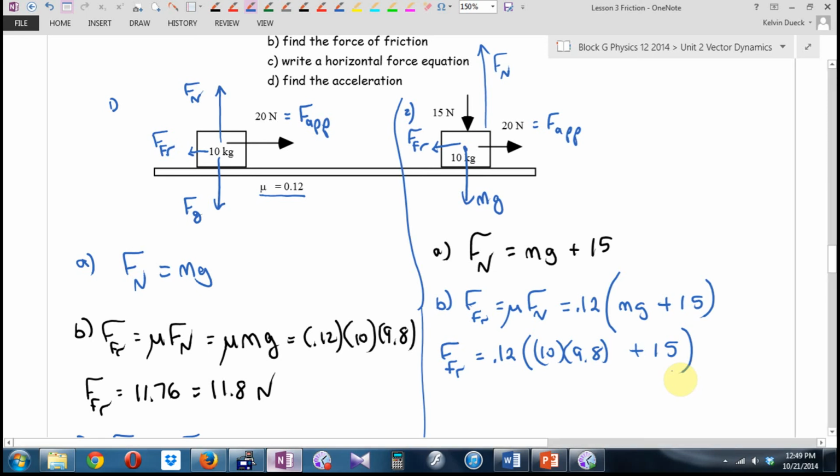What is it? 13.56. I should have had that. There's the longer, non-rounded off version, but now that's my final answer for part B. I'll go to 3 sig figs, which is 13.6 newtons. I'll put a little box around it for the marker, but for the remainder, I'm going to use the 13.56.